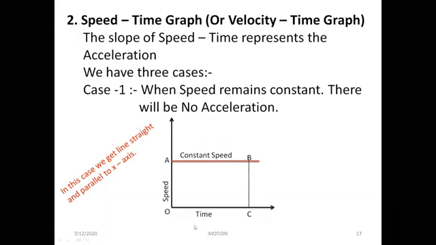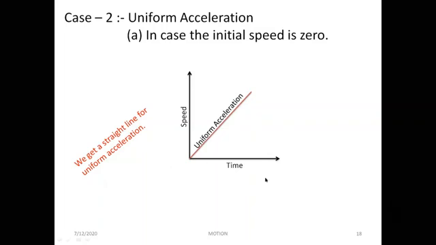So next, uniform acceleration. In the case of uniform acceleration, if its initial speed is 0, then we will get a straight line like this.